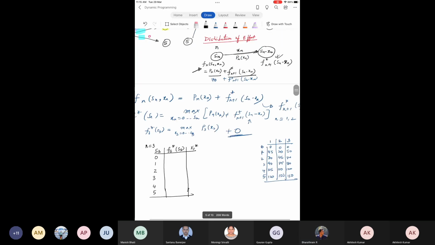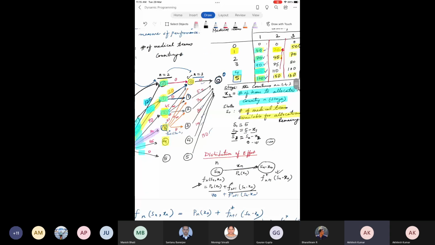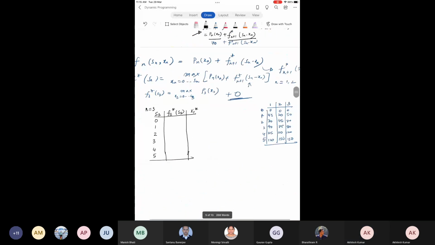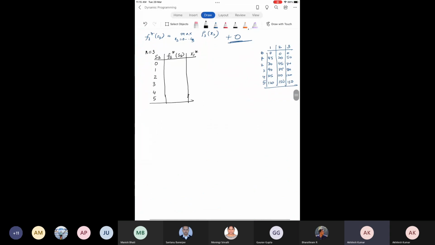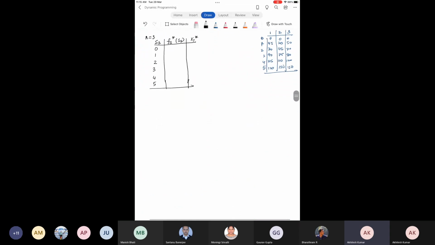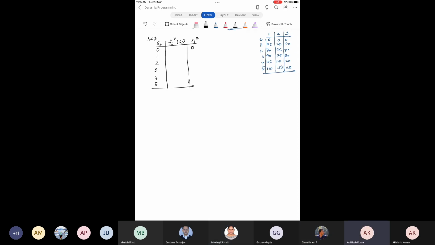So I have all these states possible. Now, what is F3 star S3 if I am in state 0? If you have 0 teams left, how much can you allocate? 0, sir. So your optimal decision is 0.